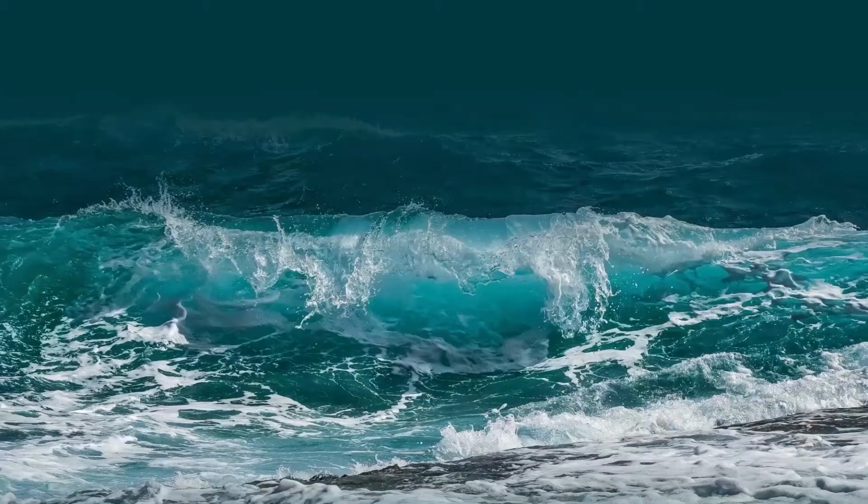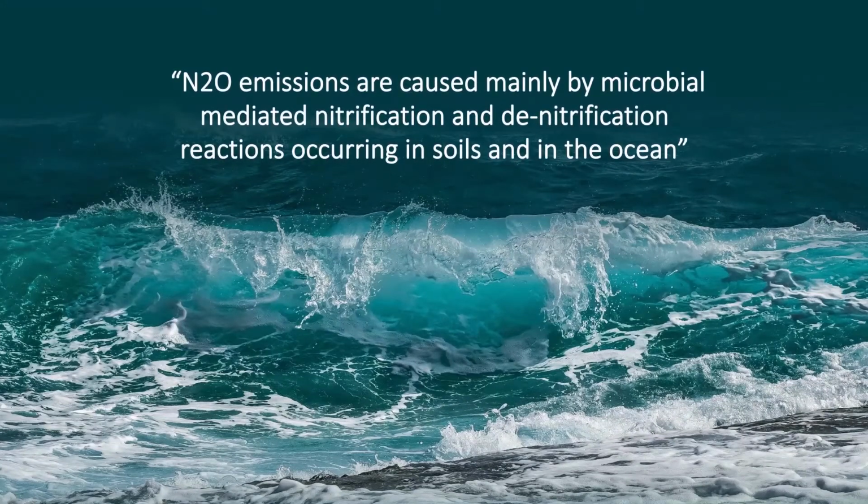The next greenhouse gas is nitrous oxide. Nitrous oxide emissions are caused mainly because of microbial activity, microbial mediated nitrification processes and denitrification reactions. These processes can occur in the soil and ocean also, but the main driver is the application of nitrogenous fertilizers.